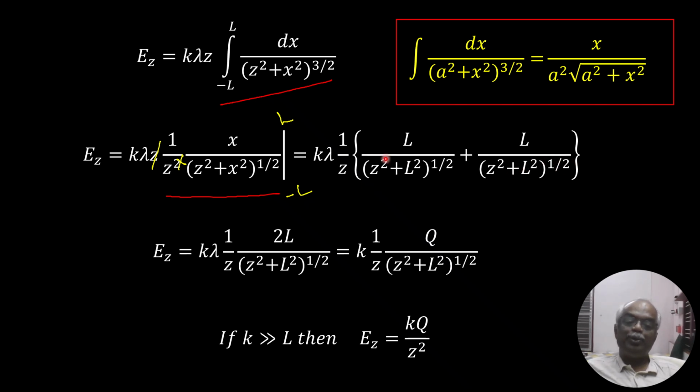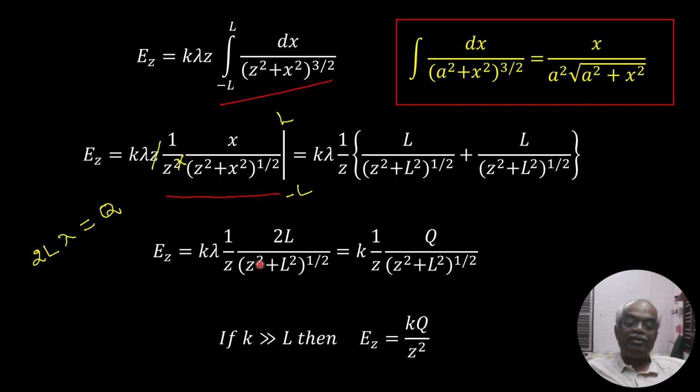So if you add the terms inside the bracket, you will get 2L. That is k lambda 1 over z times 2L over z squared plus L squared to the power half. So here you can take 2L lambda. 2L is the total length, and if you multiply this by lambda, you will naturally get the total charge.